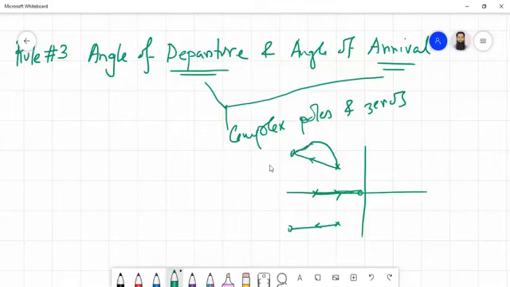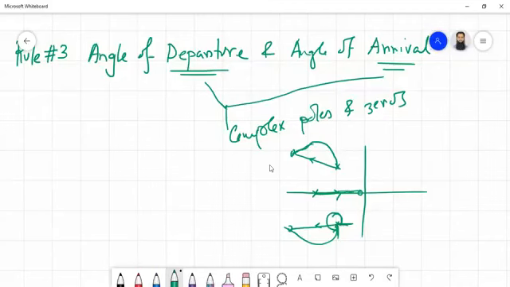Similarly, a path will be followed the other way around as well. But how to know that? For that, we are going to calculate the angle at which it will leave. Say for this particular case, the angle of departure from this pole will always be measured from the extension of the real axis. So this will be your angle of departure.